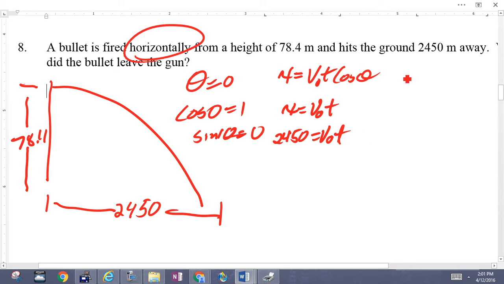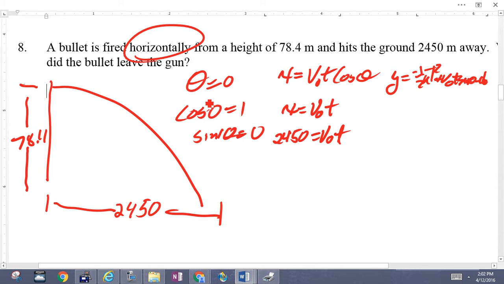Now we come over to the equation y, which is y equals negative 1/2 at squared plus v0t sine of theta plus h sub 0.